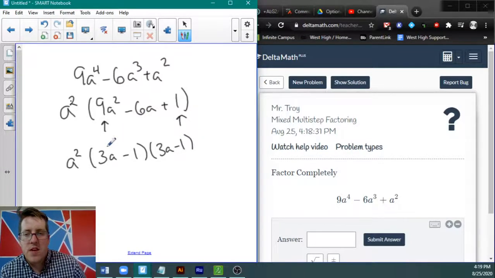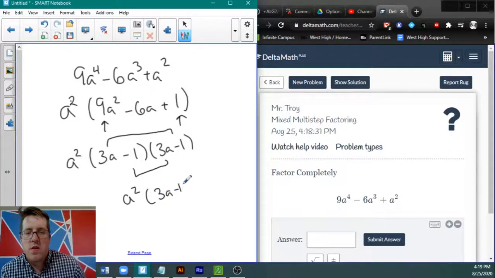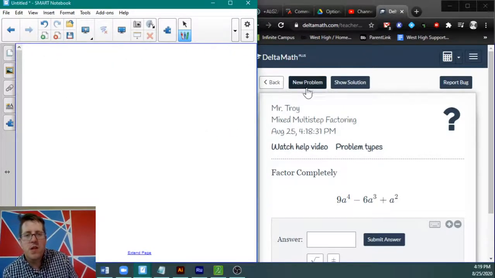The negative 6 comes from negative 3a here and negative 3a there. And then most people are going to write that as a squared times 3a minus 1 squared, or twice. All right, now we're having fun. Let's see another one.